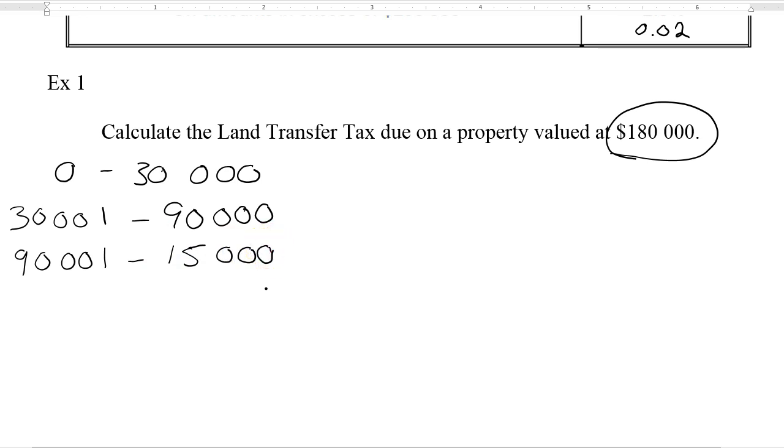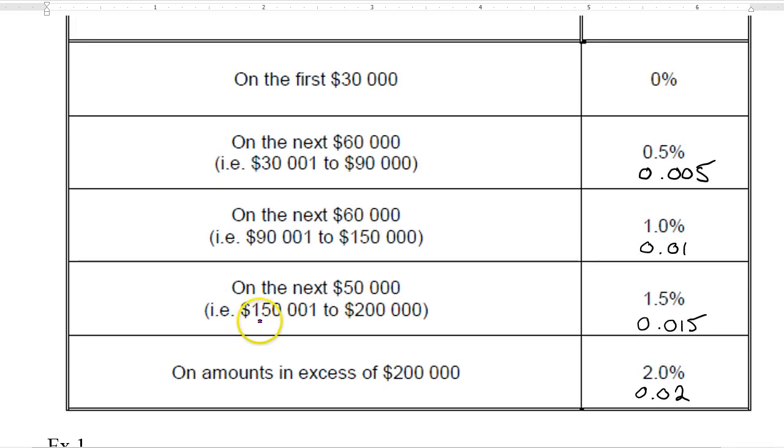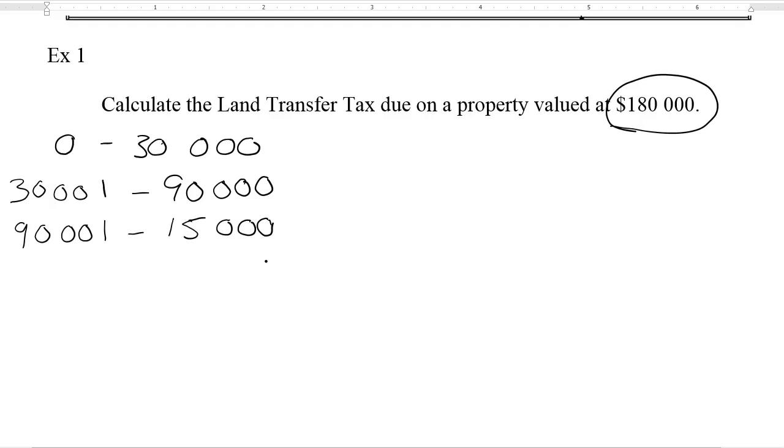And then ask yourself, do I have value in the next bracket from 150 to 200? And yes, I do, but I don't have the full bracket, right? I start at $150,001. Now this bracket goes all the way up to 200, but the value of my house doesn't.